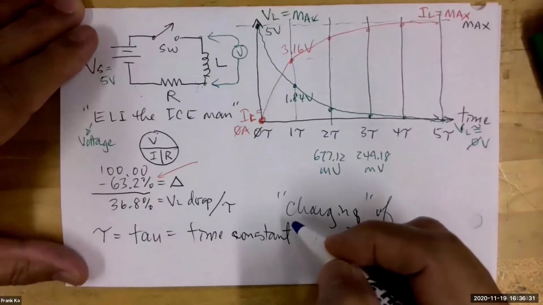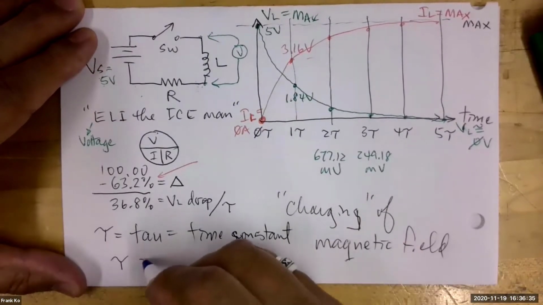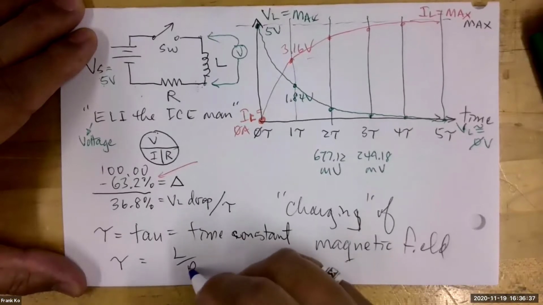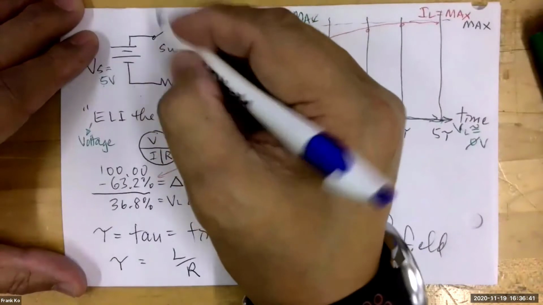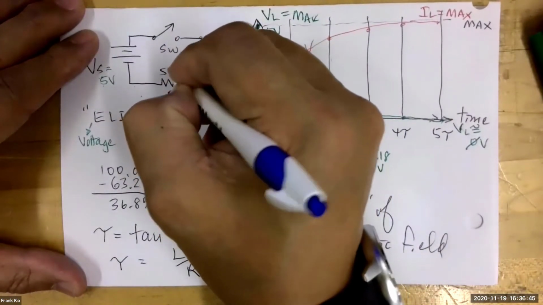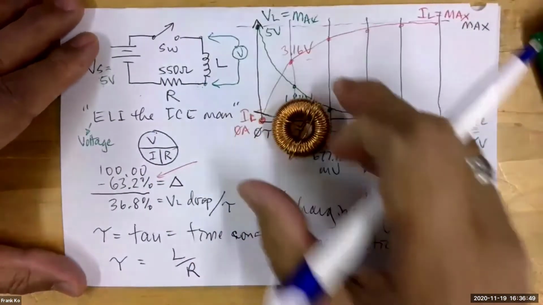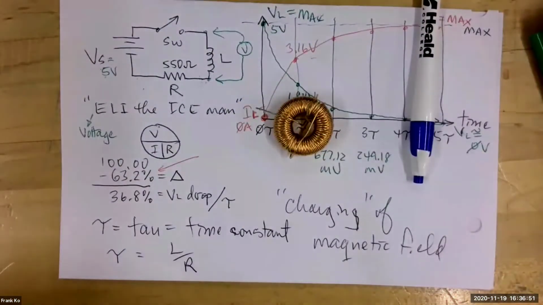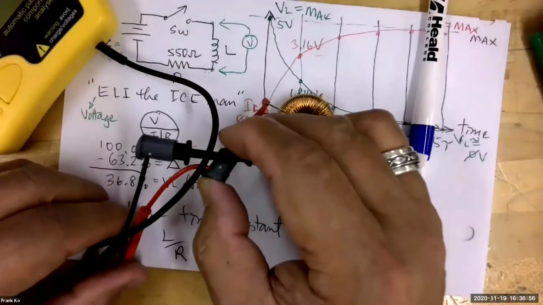In the case of a capacitor circuit it was R times C. In the case of a coil, it's L over R. So if I happen to have a 550 ohm resistor, and I happen to have an L, and I don't remember what this one was, but we can measure it real quick. And let's go ahead and use this L value.